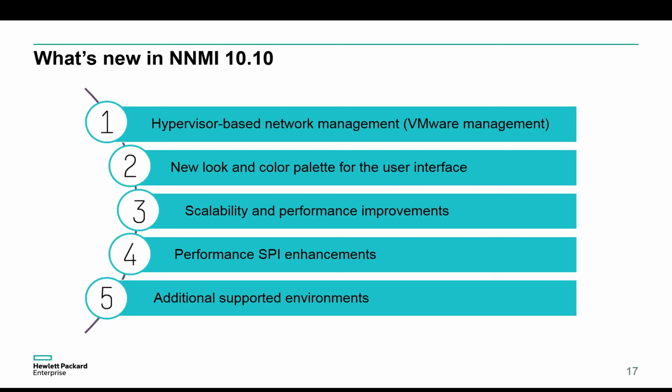And then we'll talk about some other improvements that we've introduced with version 10.10 around the user interface, around scalability and performance improvements in the core product, and also some key enhancements in our traffic management capability for our performance iSPI. And then finally, we'll talk about how we are supporting different aspects of your environment that are changing very rapidly.